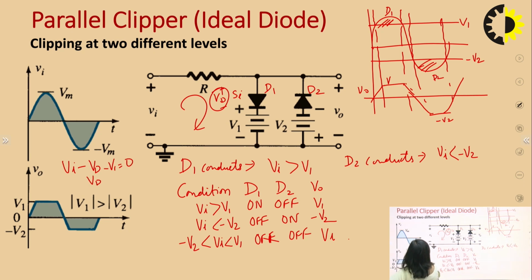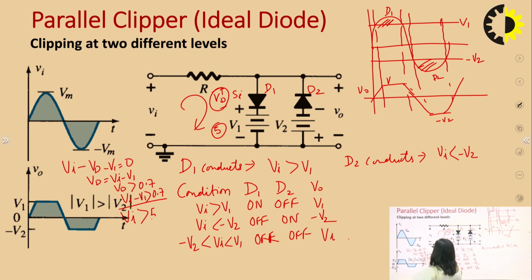So Vd would be equal to Vi minus V1, and since it is a silicon diode, this Vd must be greater than 0.7. So Vi minus V1 must be greater than 0.7. Suppose V1 is equal to 5 volt, then Vi must be greater than 5.7. This is the condition in which our diode will be in the conducting state.